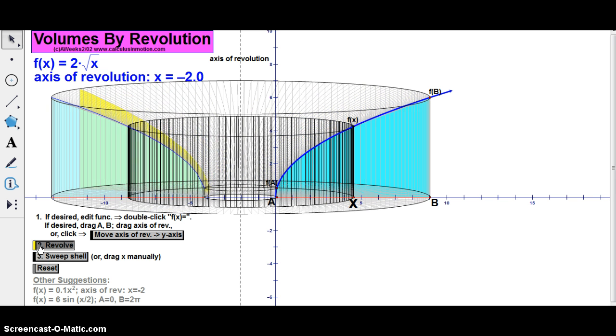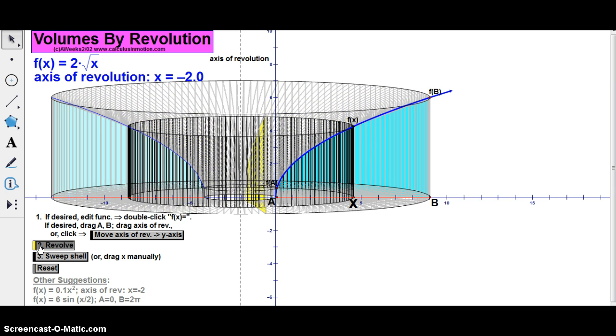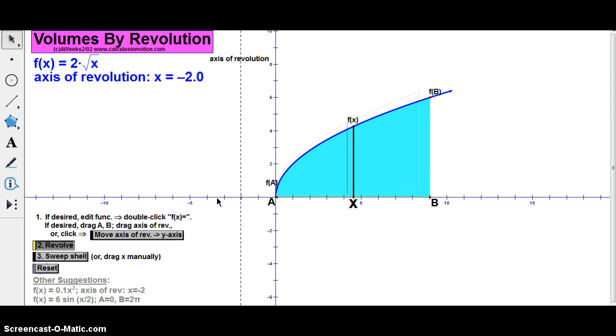So that's pretty neat, and you can see how the shape obviously changes based on which axis you revolve it around and what the function looks like. Again, this is being rotated around the y-axis, our function 2 times the square root of x, and our a value is 0 in this case and b is 9.